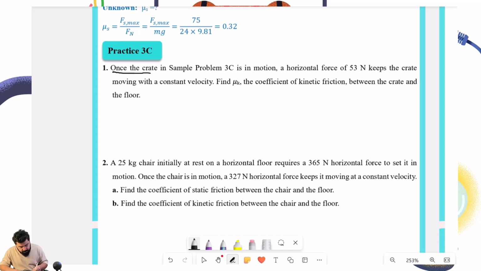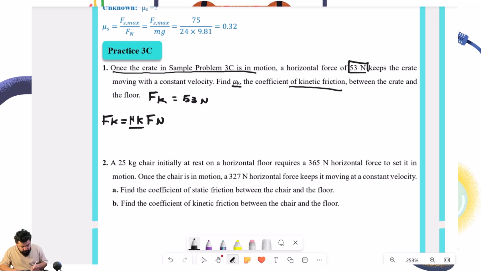Once the crate in sample problem 3c is in motion, a horizontal force of 35 Newton keeps the crate moving. So this is going to be kinetic friction, which is equal to 53 Newton. Find mu k, the coefficient of kinetic friction. You know kinetic friction is equal to mu k multiplied by Fn.